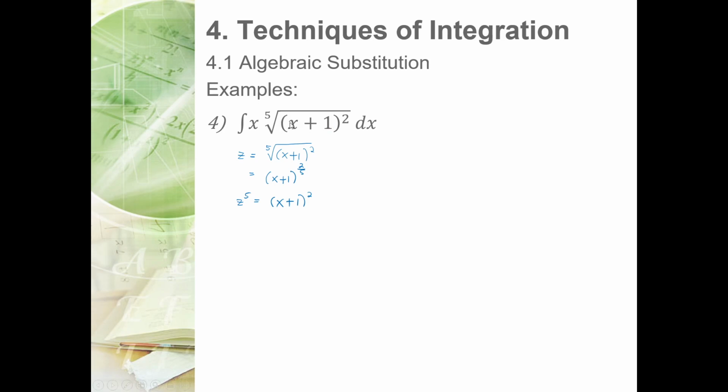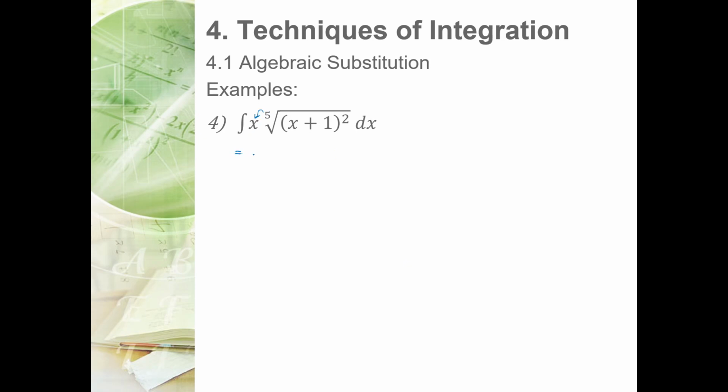Okay, looking at the book, I wrote this incorrectly, so I'll erase it. The 5 should be the exponent of x.